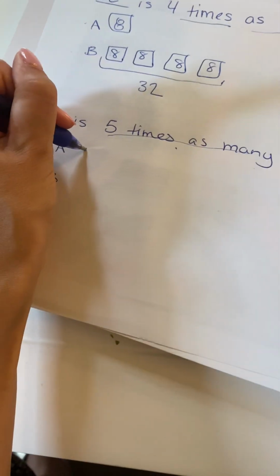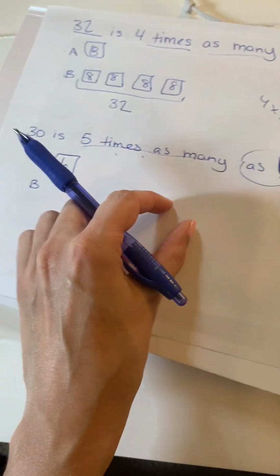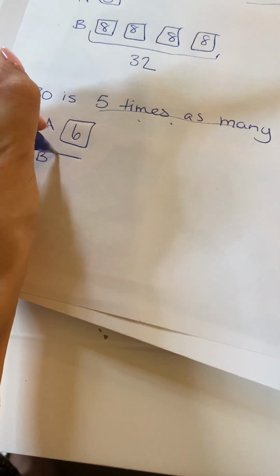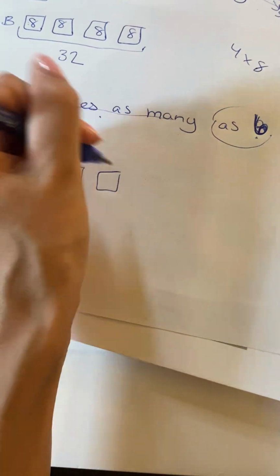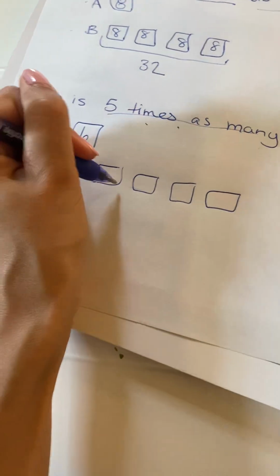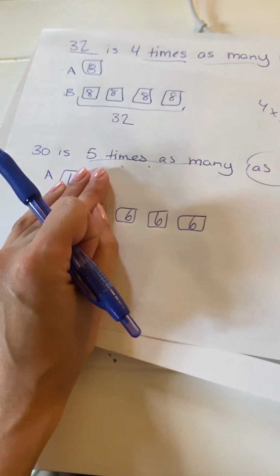So let's set up 5 times as many. I want to copy and paste it 5 times. Here we go. Twice as many, 3 times as many, 4 times as many, 5 times as many. So again, same as before, I was missing that total.